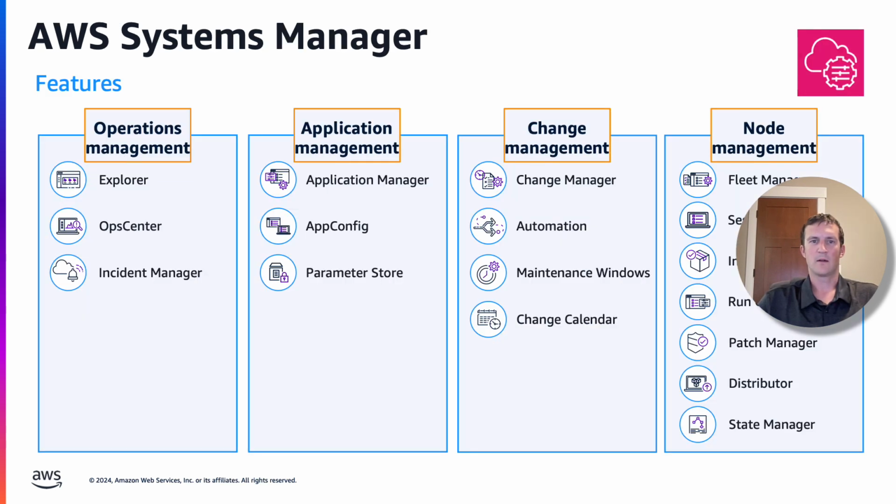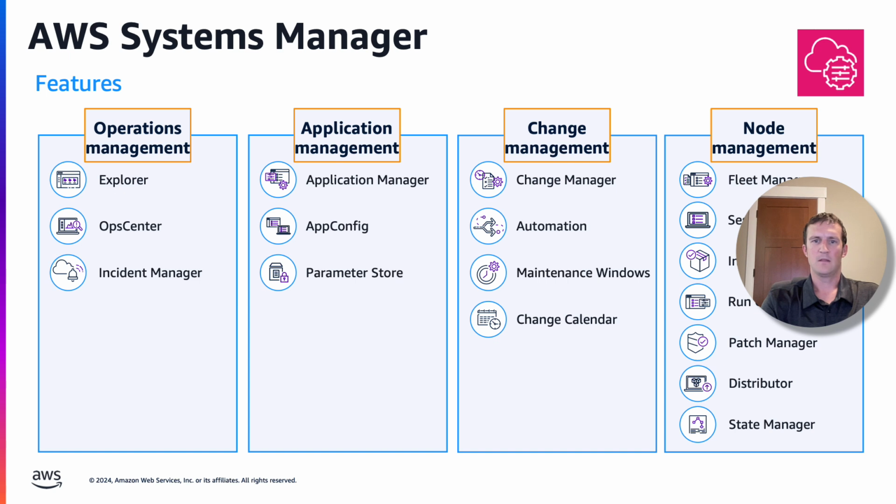The next service we'll encounter is AWS Systems Manager, which is a powerful service with a breadth of features and capabilities. We've categorized these features into operations management, applications management, change management, and node management. Operations management features work in concert with other AWS services, leveraging automation to help bring visibility to and automate resolution of any issues. Under applications management, features help you manage and operate your application resources in a context relevant to your applications, teams, resources, and structures.